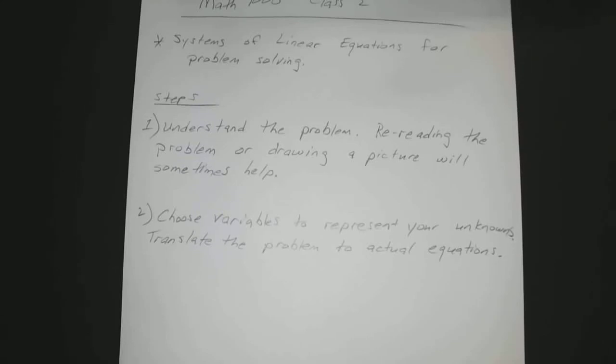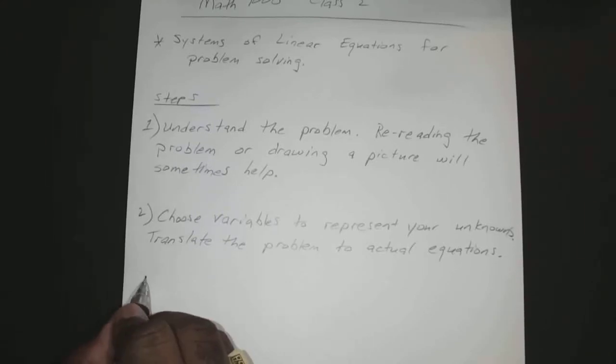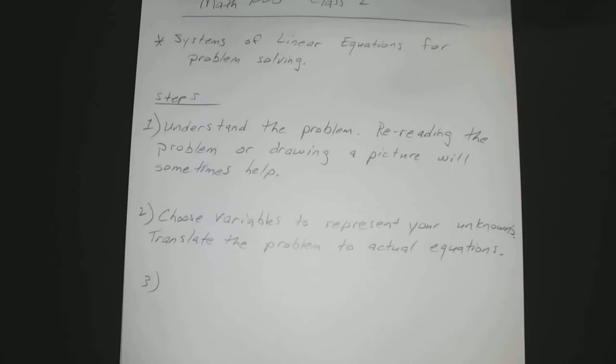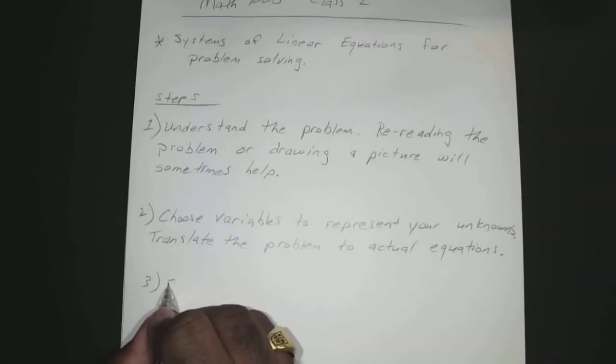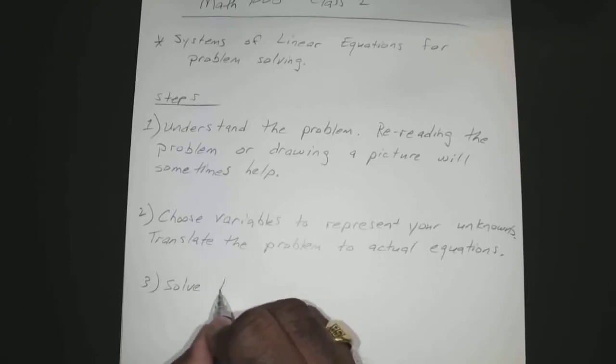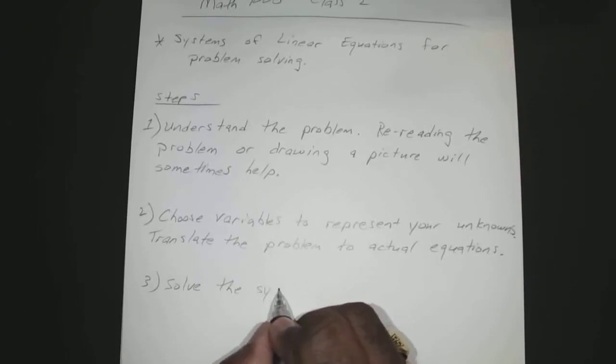Okay, now your third step, you want to solve the system and make sure your answer seems reasonable. If you're looking for x to be 3 or 4 or 5, and it comes out to be 87, then you say, okay, maybe I messed up somewhere. As long as it's close to what you thought it should be, you're probably on the right track. So solve the system.